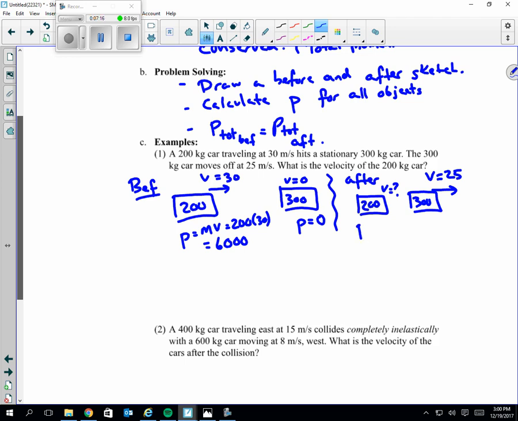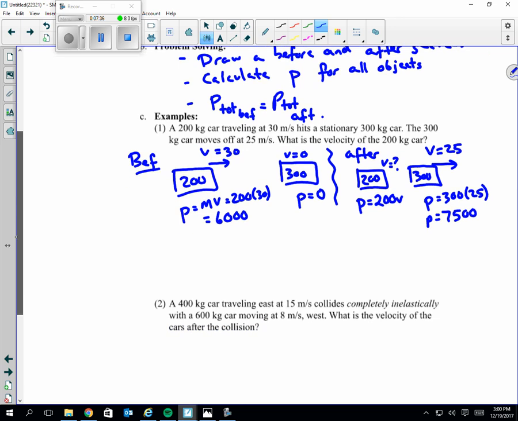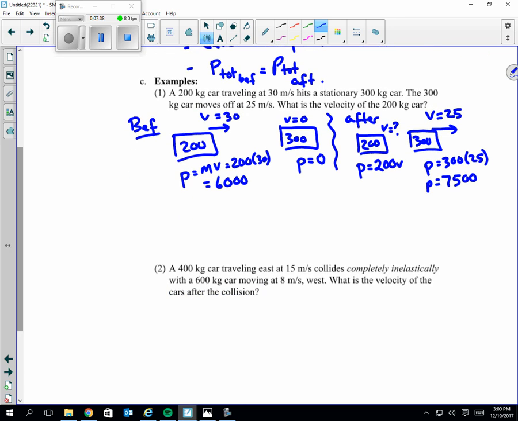Now this one, I can't get an answer for it, but I do know it's going to be 200 times whatever that velocity is. And this one, 300 times 5, that's going to be 7,500. Then we're going to set the total before equal to the total after.